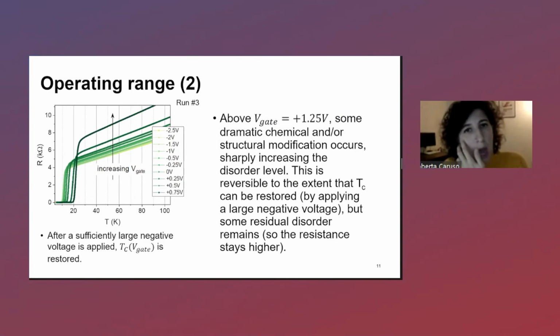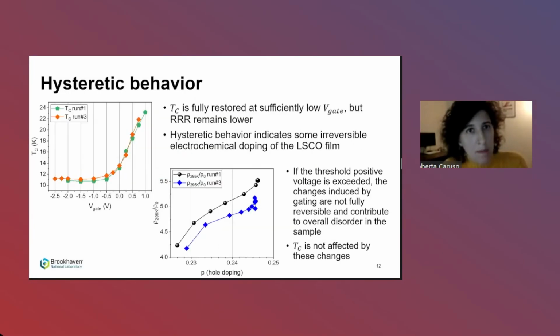Now, it's clear to see from these other plots that the effect is reversible in the sense that Tc is fully restored, as you can see in the top left graph. However, the residual resistance ratio remains consistently lower, as you can see in the bottom right graph.